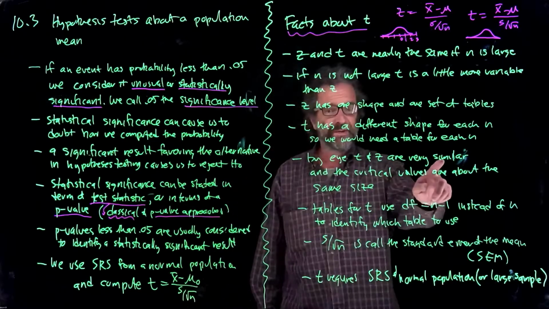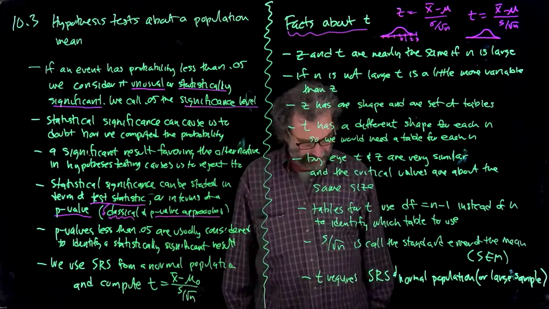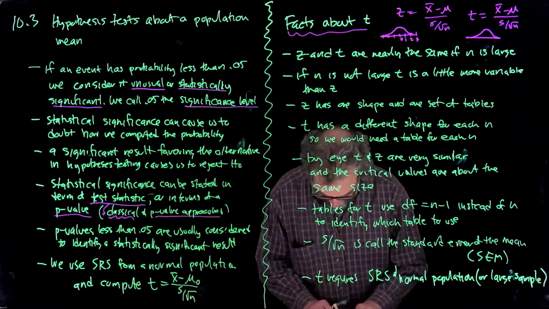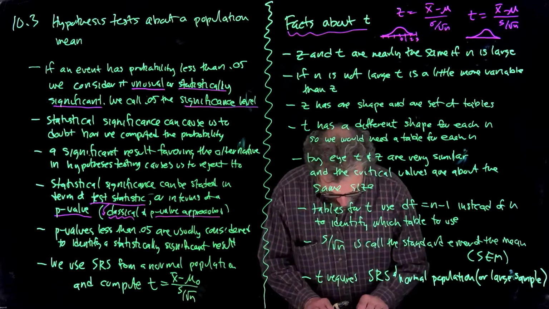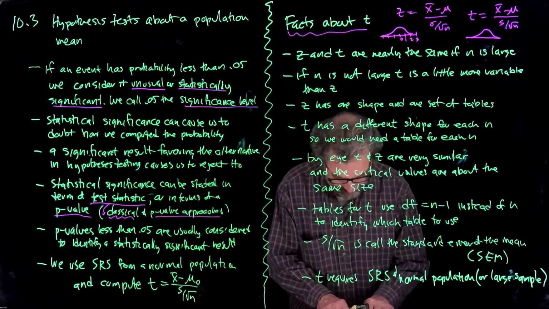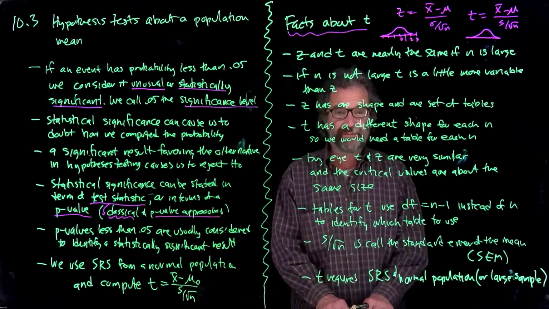By eye, z and t are very similar. We said that. And even the critical values are about the same size. So if I go to look at the normal distribution and say I look at the 5% level of significance, so it's tail probability 0.05, for example, for a one-sided test. Then I get a z value of 1.645.